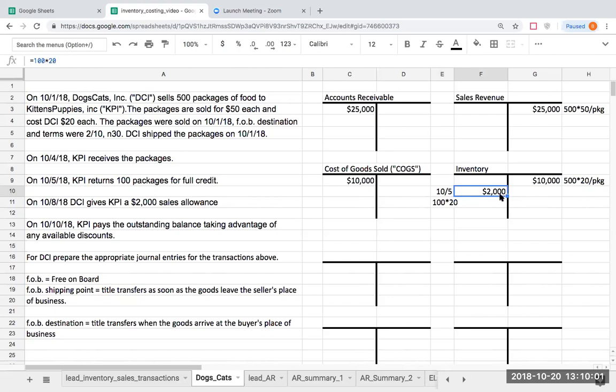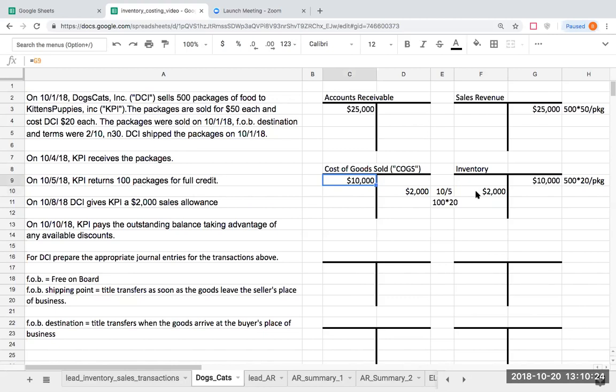So I'm debiting inventory. Now at the same time, right over here, I need to be crediting cost of goods sold for the same amount. And why is that? Well, my cost of goods sold really related to the sale of this $25,000 worth of goods.